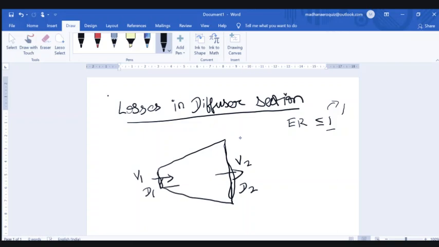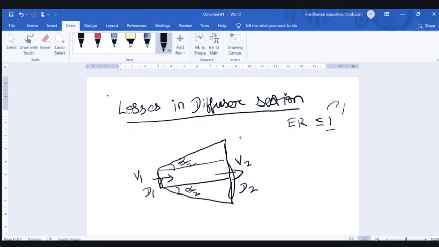And then the angular deflection is given by alpha by 2. So this alpha by 2 is similar to the other divergent section.